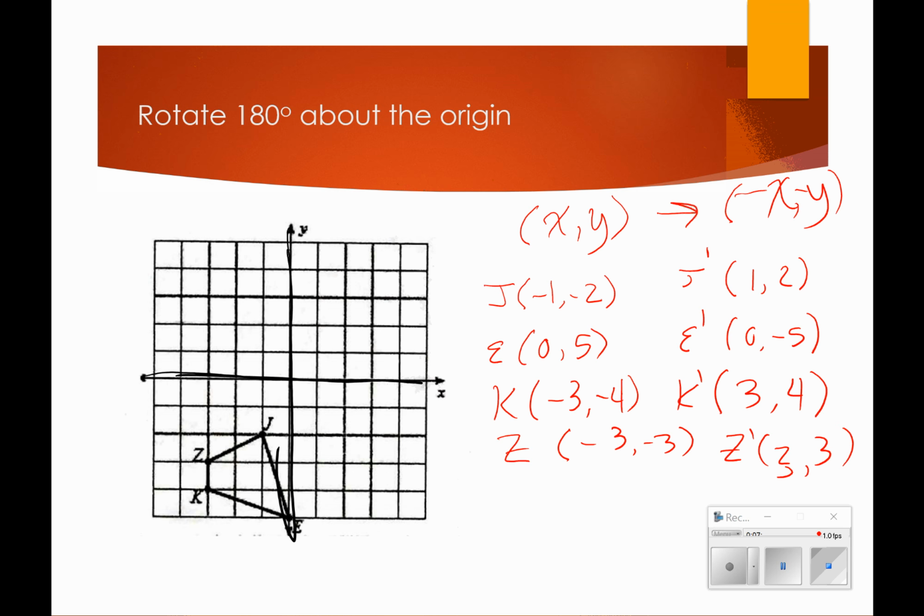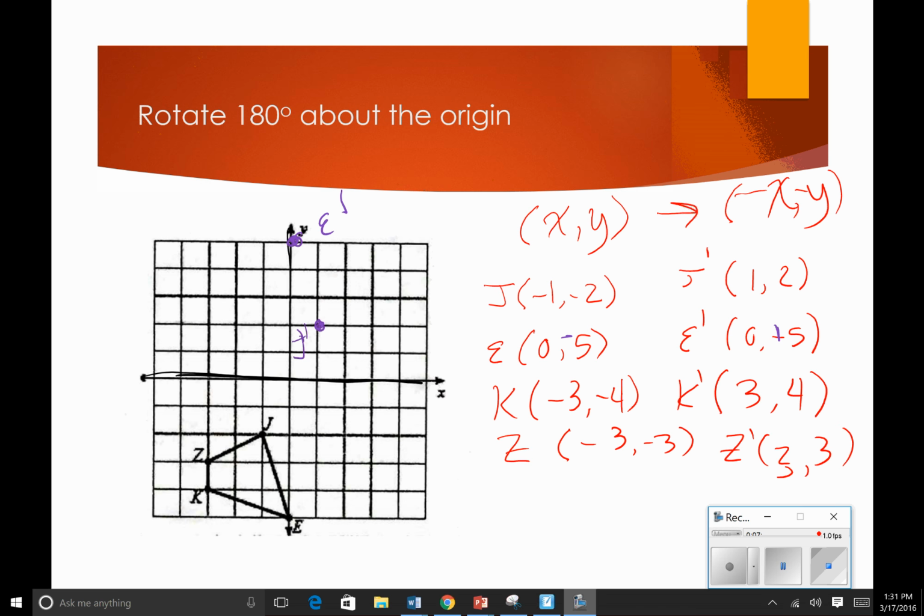Alright. So J prime is 1, 2. E prime is 0, -5. I'm sorry, it should be 0, +5, because E is 0, -5. Sorry. So 0, 5 would be E prime.